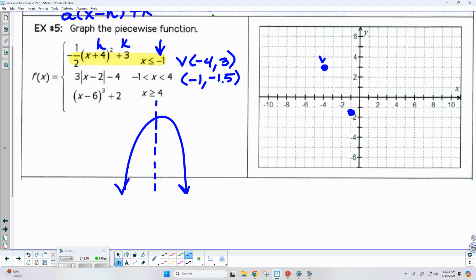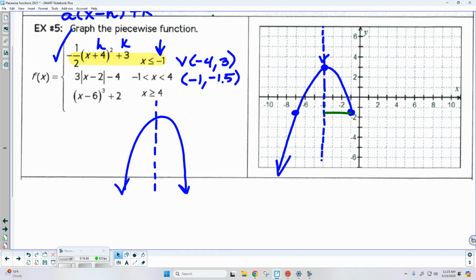Well, if this is my vertex, and I know it opens down because of the negative, here's the axis of symmetry. Okay. Well, all I need to do is take this point at (-1, -1.5) and just flip it over. How far is that point from the line of symmetry? It's 3 units. So I'm just going to go 3 units in the other direction. There you go. So there's the first part of your piecewise function.